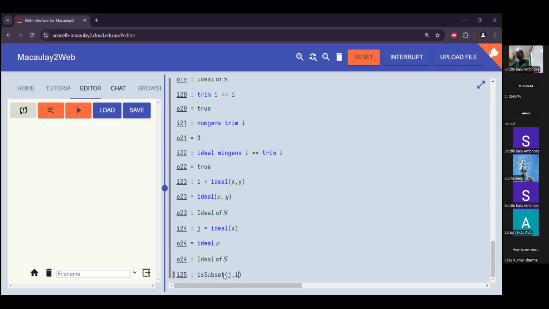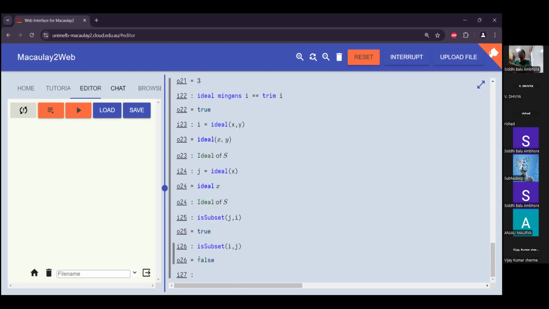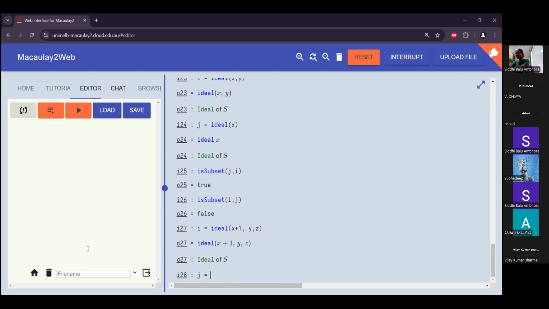So that you don't forget the order. Then it's true. If you change the order, it differs. I is not a subset of j, but j is a subset of I. Or let us just quickly check our ideal as well. Our ideal I was x plus 1, y, and z. And j was this ideal.